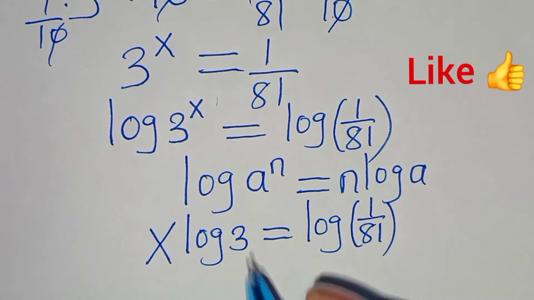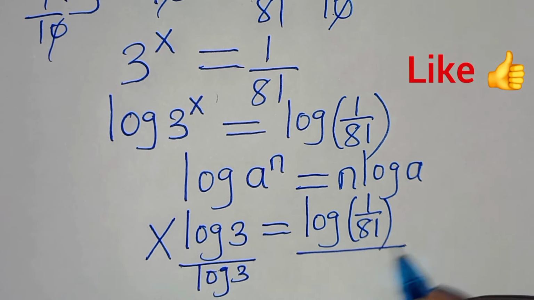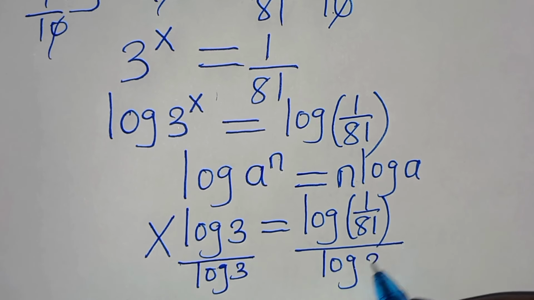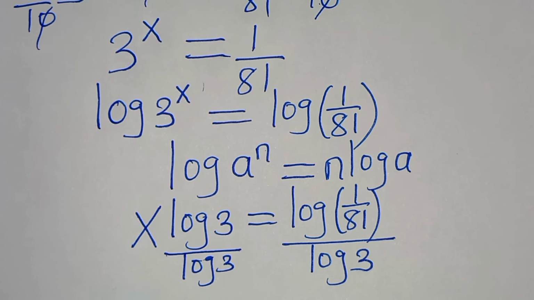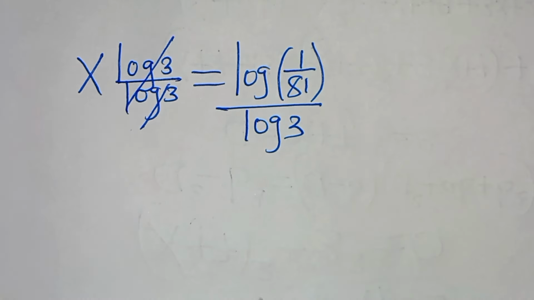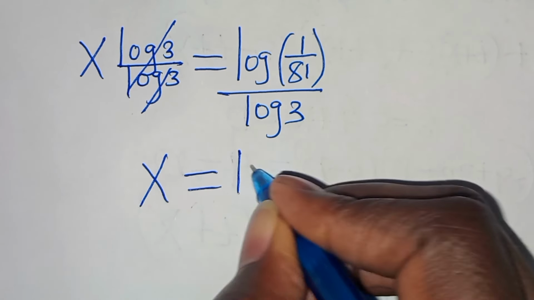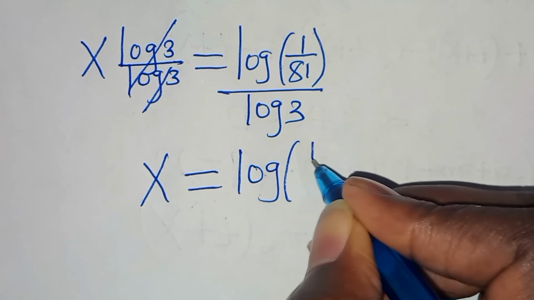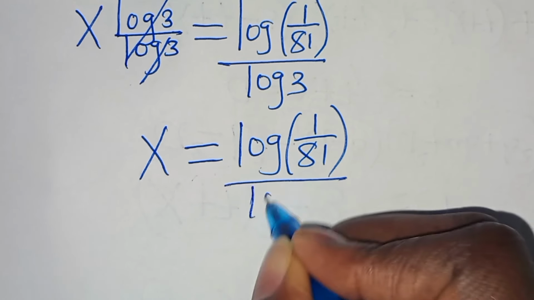The next step is to divide both sides by log 3. Now let's simplify log 3 and log 3 here, so that now we have x is equal to log 1 over 81 divided by log 3.